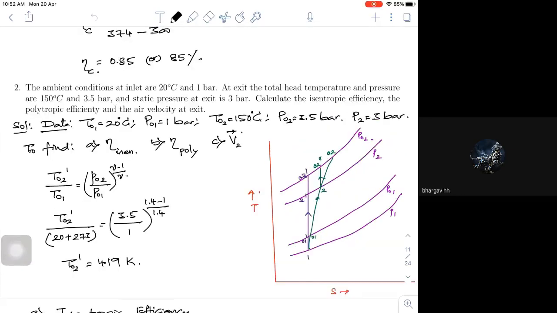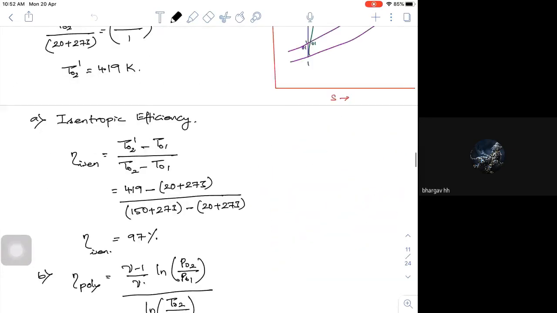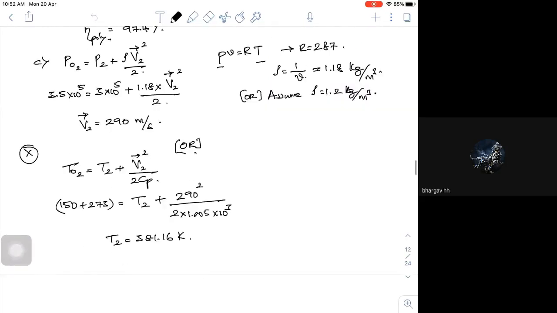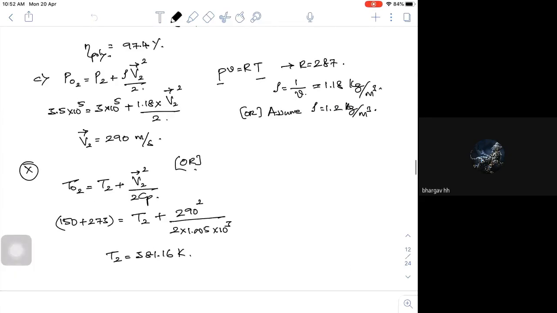Suppose other than your exit velocity, they ask you to find the temperature. If suppose in the same numerical, suppose if they give T2 and asks you to calculate velocity and find the corresponding exit static pressure. So in that case, what you have to do, we can use the second equation, that is T02 is equal to T2 plus V2 square by 2Cp, and substitute and get the value of V2. Fine.